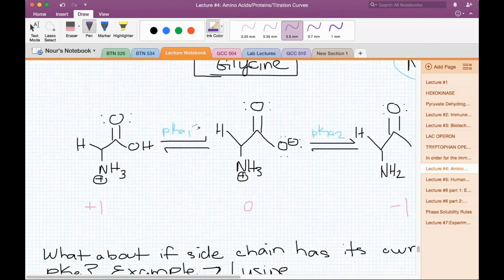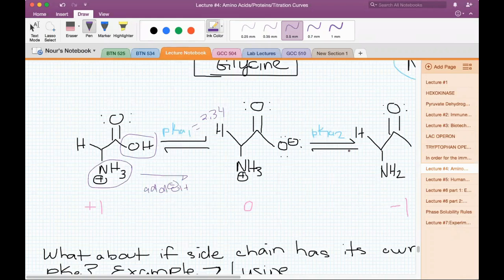So at 2.34, at the beginning of the reaction, before any of the base was added, you had this structure, right? This had its hydrogen, this had its hydrogen. Now, as you add more OH, the pKa1 is the reaction.